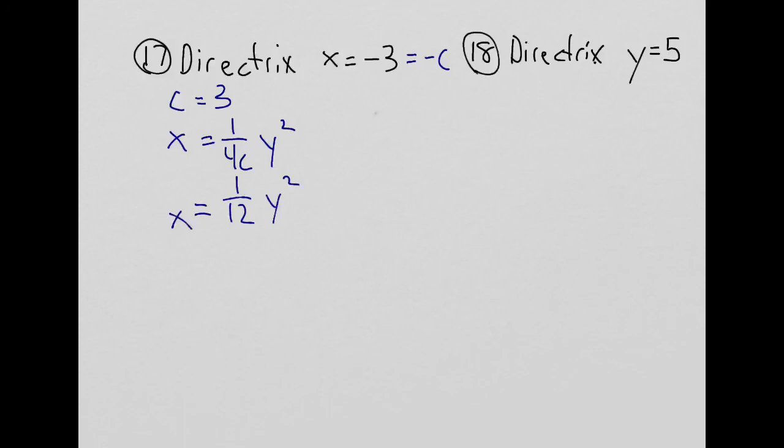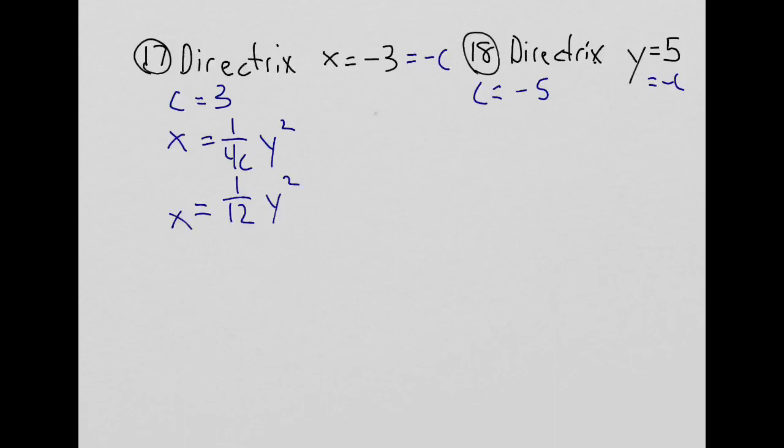And quickly, let's do the other one. Directrix, y equals 5. So again, that's going to be equal to -c. c is equal to -5. Now this one, though, the directrix is y is equal to something. So in that case, I know it's going to be vertical.